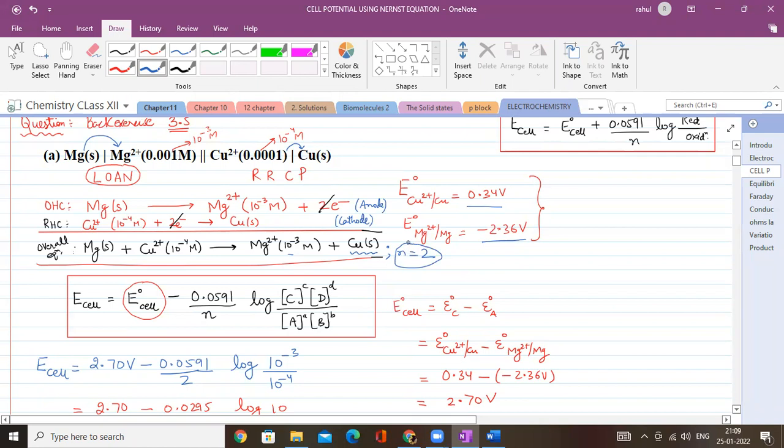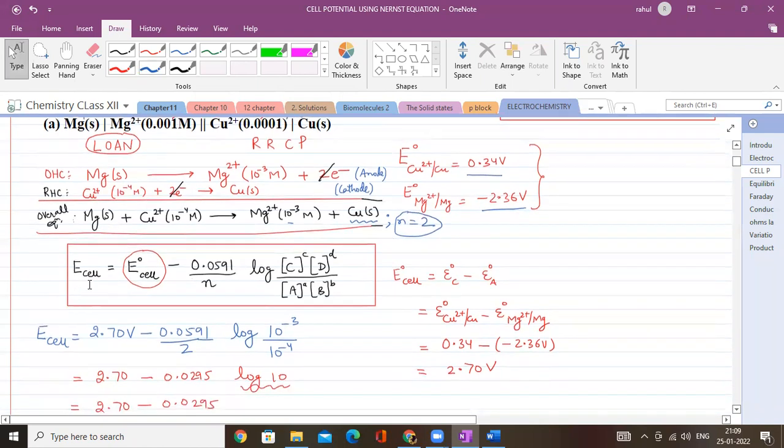So if I write down the Nernst equation, that is E of the cell is equal to E naught of the cell minus 0.0591 by n log C to the power c, D to the power d over A to the power a, B to the power b. What I'm going to do right now is separately calculate the E naught of the cell. Of course, E naught of the cell is E naught of cathode minus E naught of anode. And at the cathode we have copper.